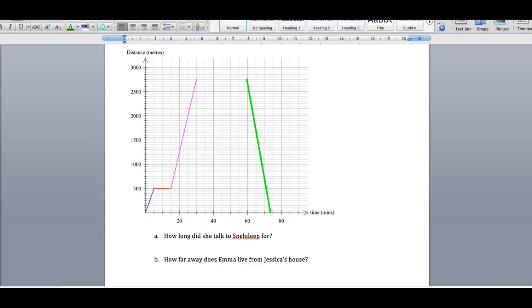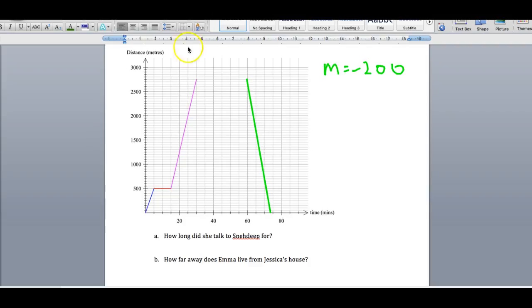And what do we know about this line? So we know the gradient is negative 200. Okay, it's negative because she's traveling home, and I can actually look at the graph and see that it is negative. It told me her speed was 200, so that's the gradient, the rate of change.